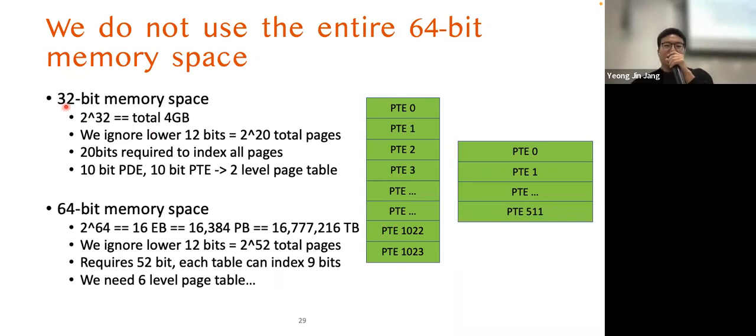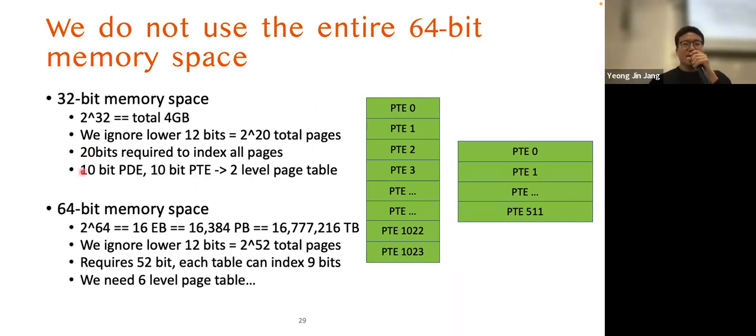So in a 32-bit computer, we could have 1024 entries, and 32 bits is the memory address width. We ignore the lower 12 bits because that's the page size, and then we need to translate the top 20 bits. This magically fits well with 10 bits for indexing the page directory and 10 bits for the page table.